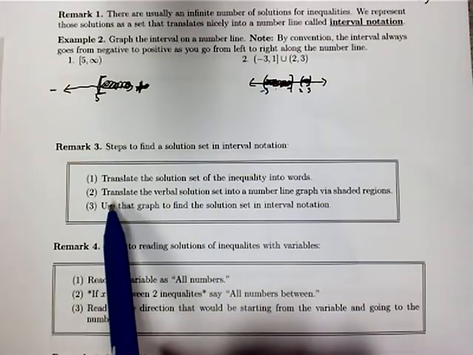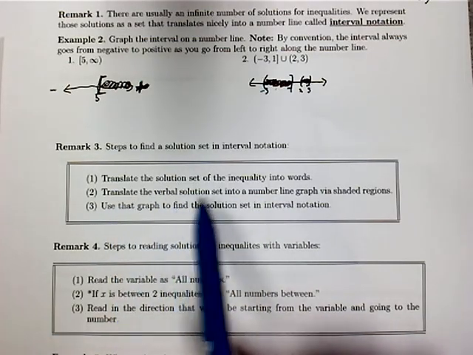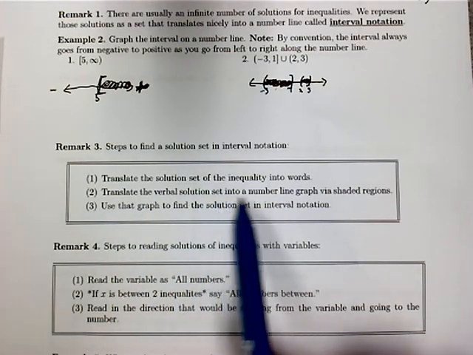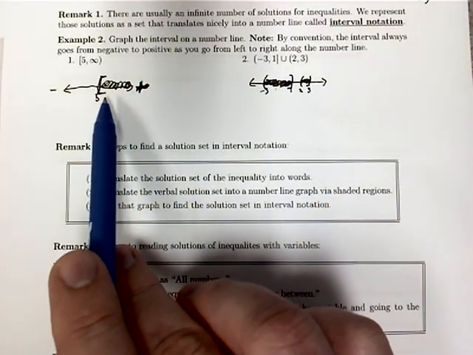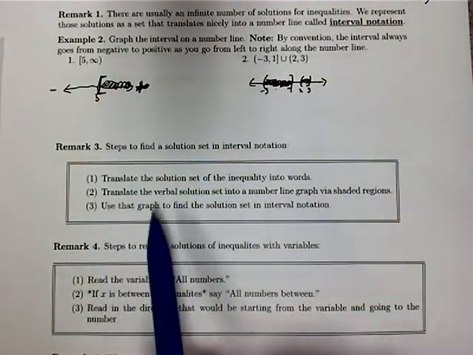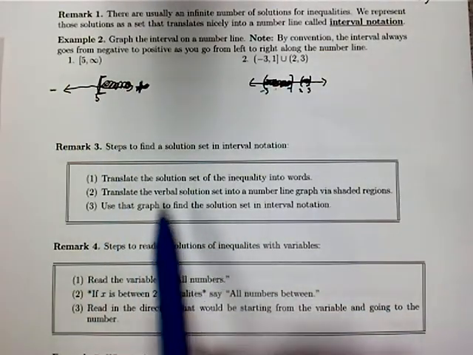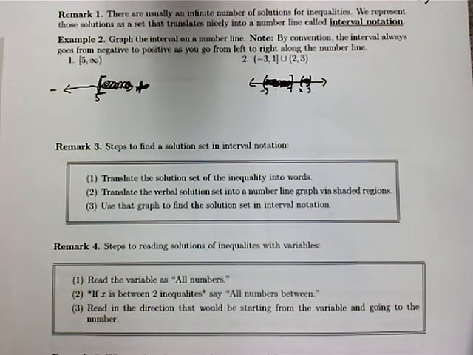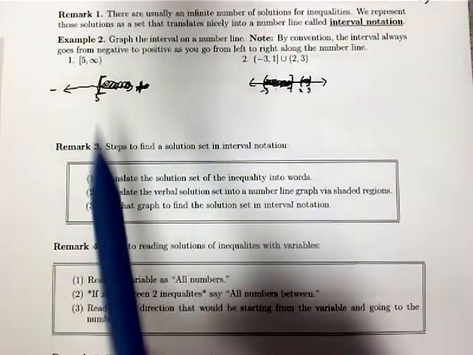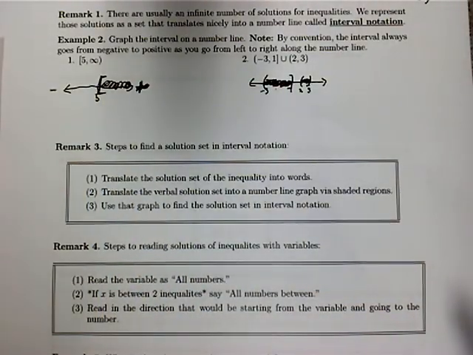Second, translate the verbal solution set into a number line. So you read it out loud, then translate it to what we had before. Lastly, as we saw, there's a nice one-to-oneness there, so use the graph to find the solution set in interval notation. We'll give some more details about what some of these things mean in a second.